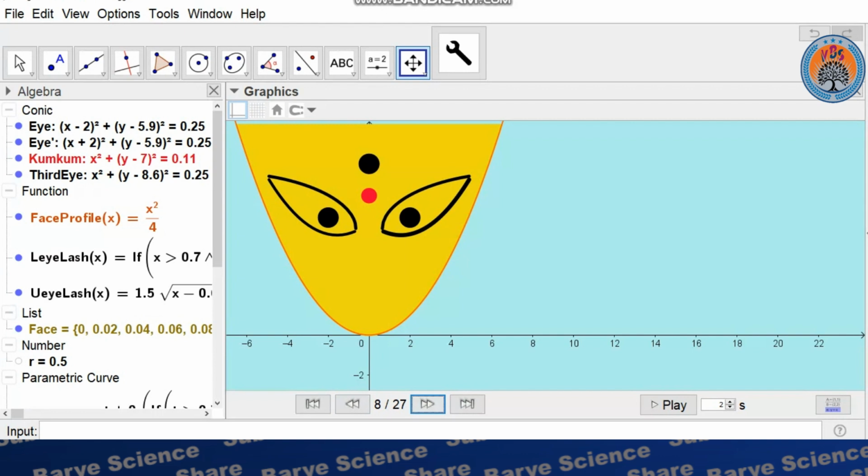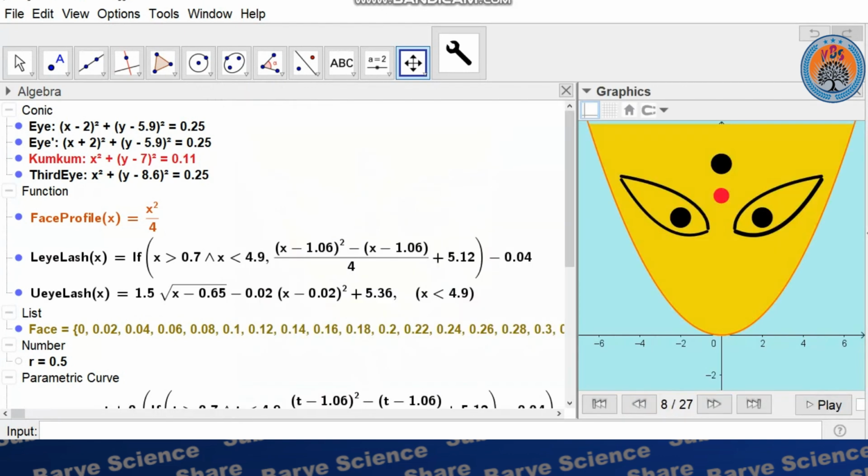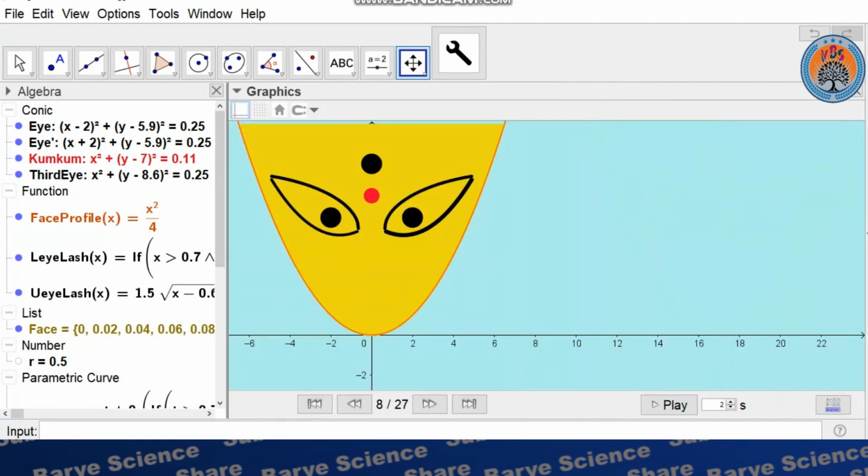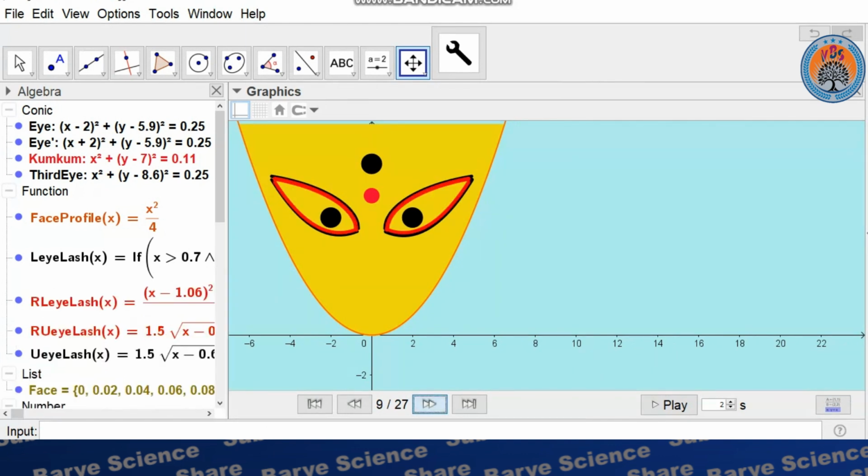You'll see that this particular curve is quite complicated. Don't bother about this right now. As you go on studying GeoGebra, slowly you will develop expertise to draw such curves. Now you have the red in the eye of Durga. It was there in the original picture, so I had to put it.